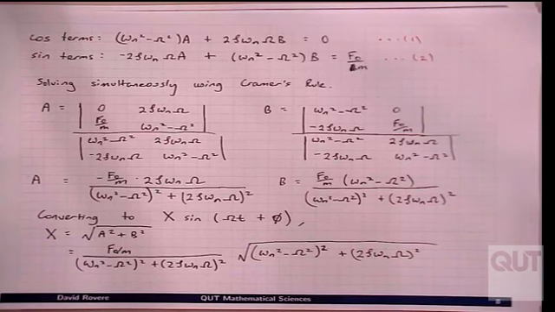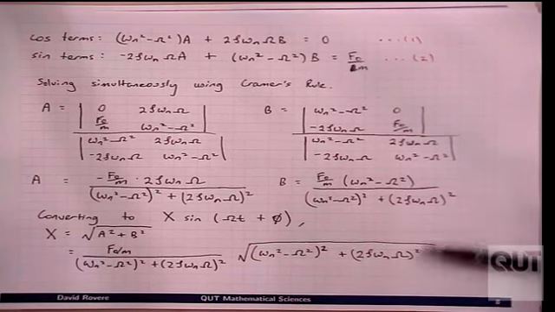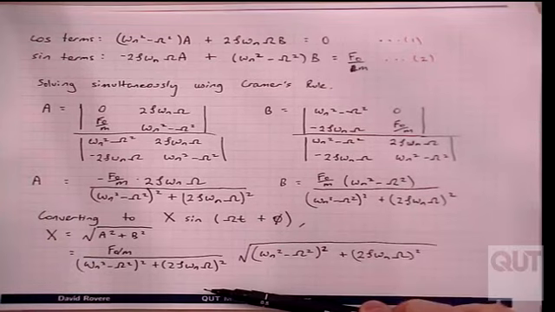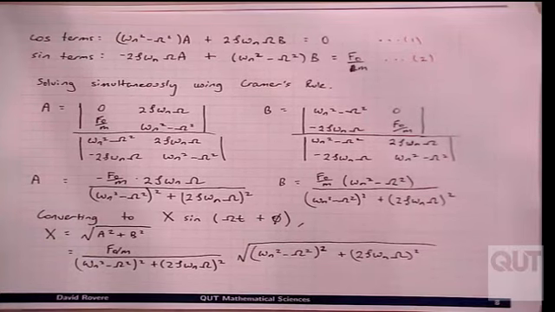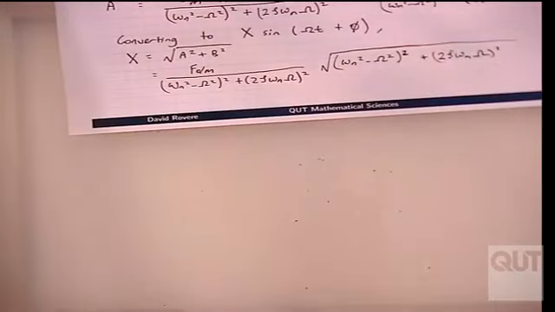And what you should see is that this equation here is just the square root of the denominator. Everything under the square root is the same as the denominator. So we can simplify that. X to the half over x is x to the minus a half. I just put a square root on the denominator.